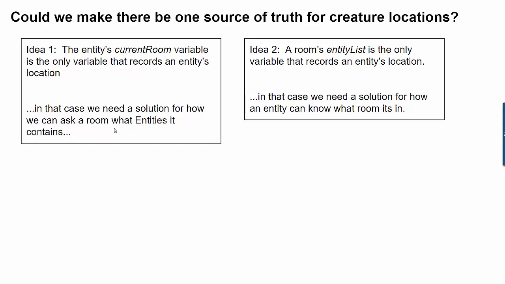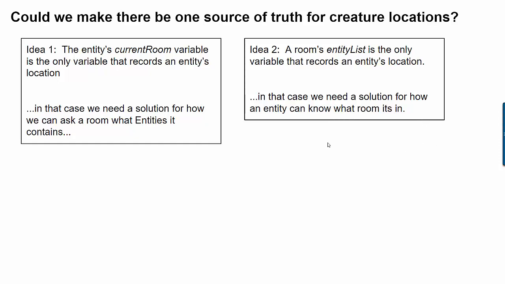Or the other idea would be to remove the current room variable from an entity, and only a room's entity list knows where entities are. But then we need a solution for how an entity can know what room it's in if it's not allowed to represent that using its own variable.